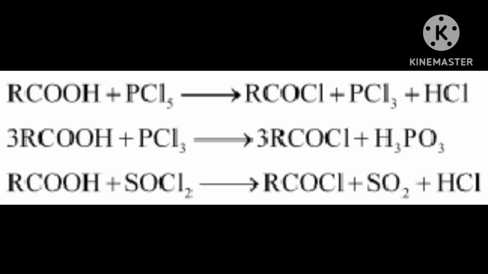Now what will happen to this oxygen which has two negative charges, means two pairs of electrons? Wherever it goes, it can make a double bond. One pair means one bond, two pairs means two bonds.